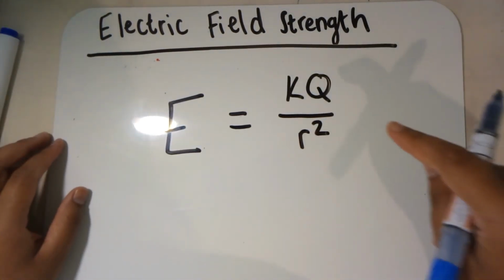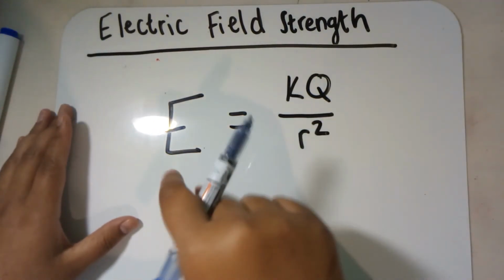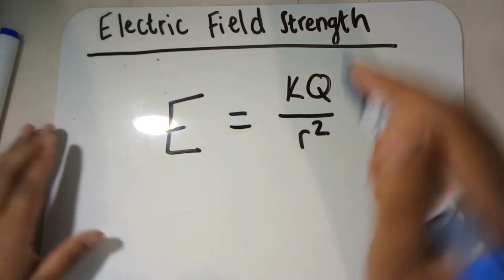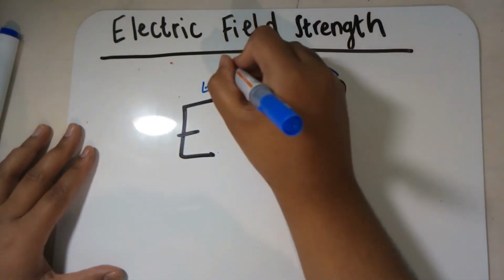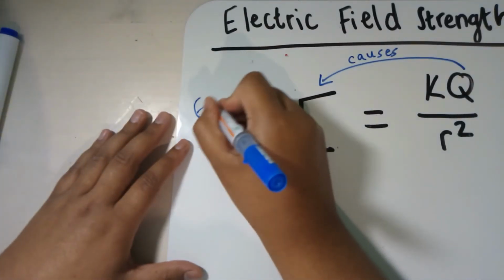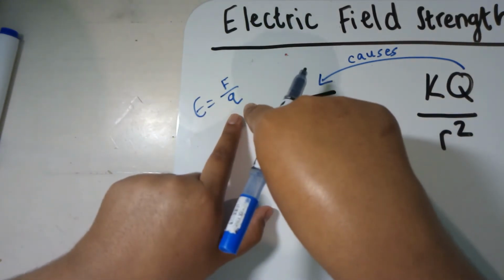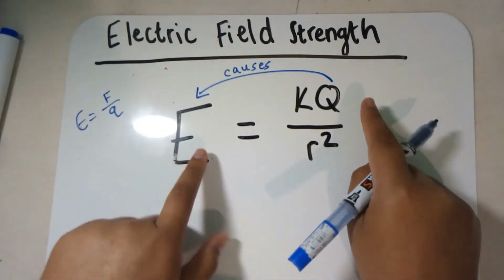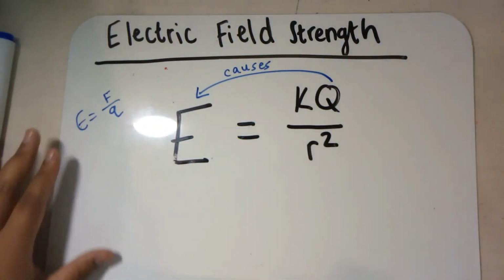This is the other formula that we came across when we want to deal with electric field. But the difference between this and the other formula is that this charge causes the field. In the other formula, this charge was experiencing the electric field strength. Here, this charge is causing the field strength. So I'm using big Q and baby Q to differentiate between them.